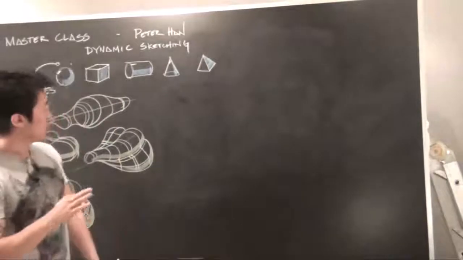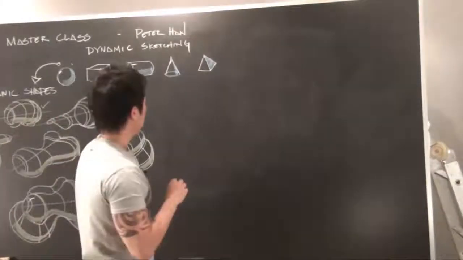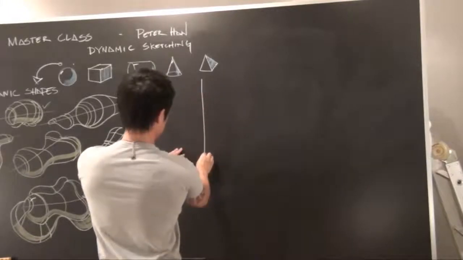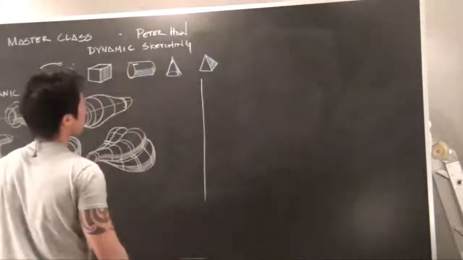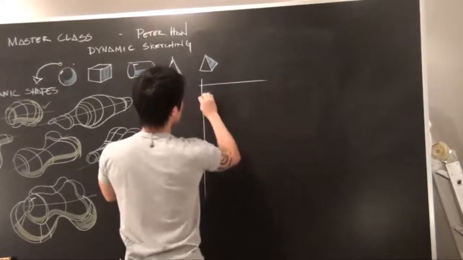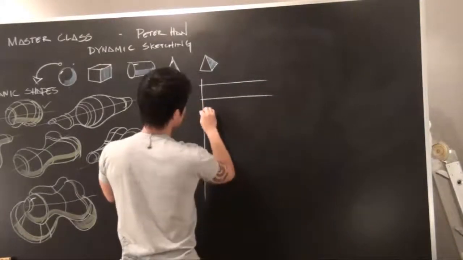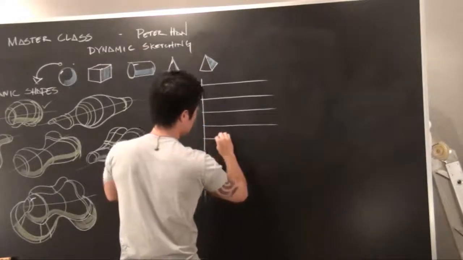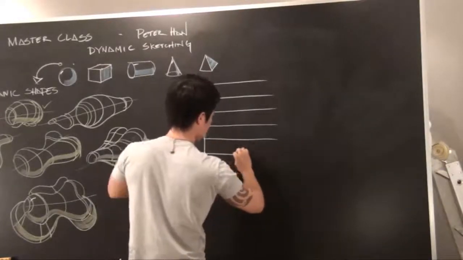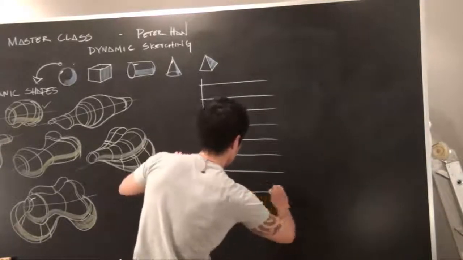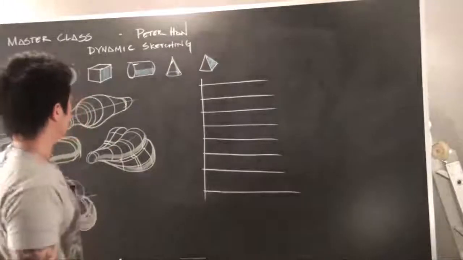We're going to start this kind of like what we did week 1. I'm going to draw a vertical line down. Horizontal lines out.